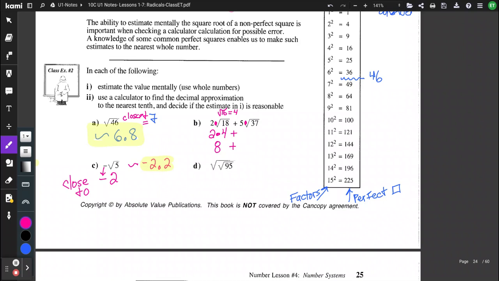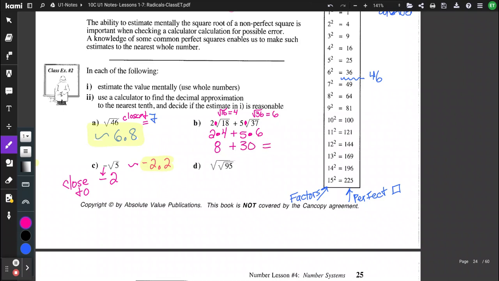I'm using big fat dots in between the numbers for multiplying instead of x's because we start solving for x's. Root 37 is close to root 36, which equals 6. So this is going to be 5 times 6, which is 30.